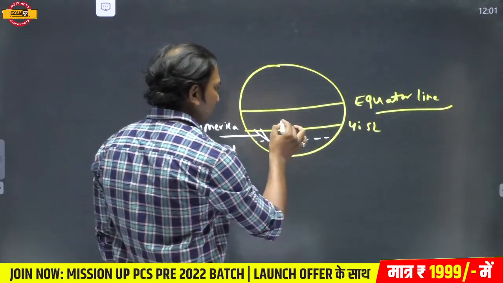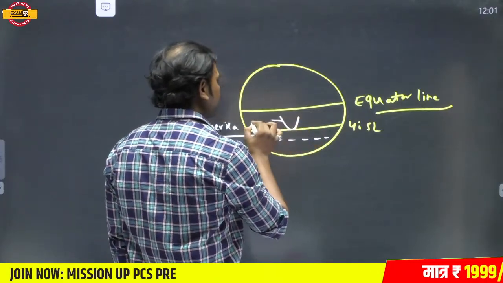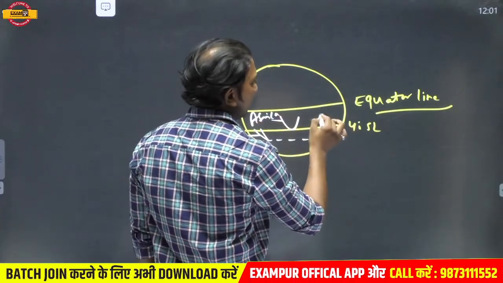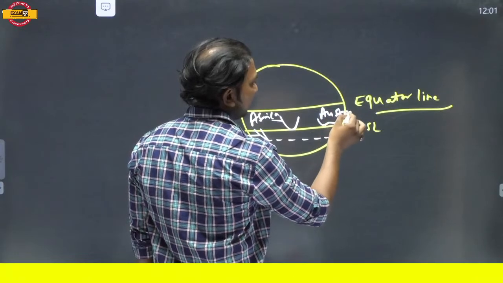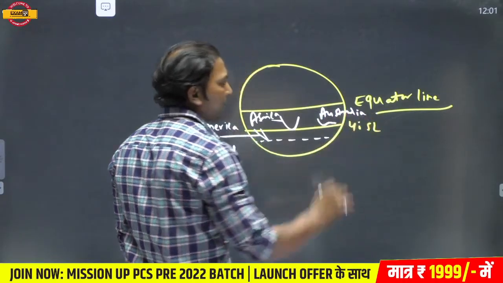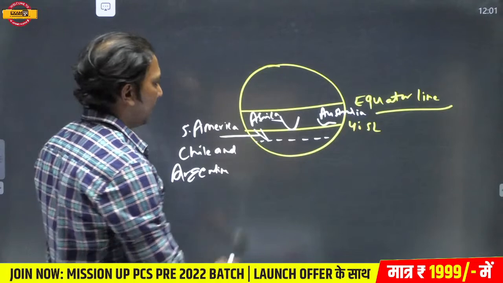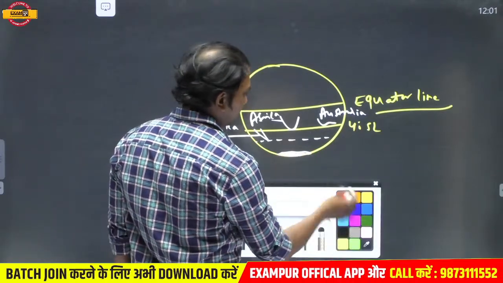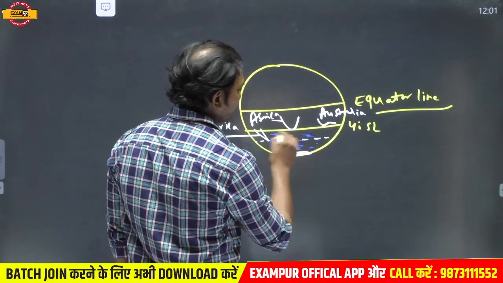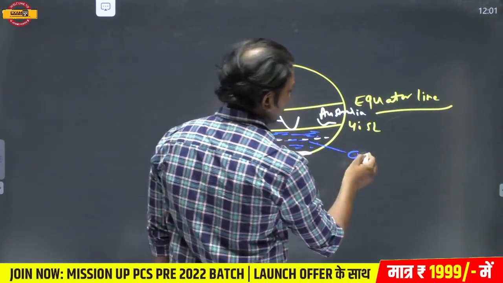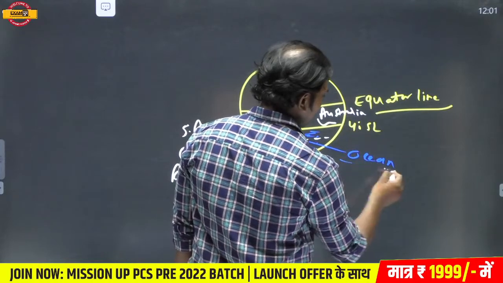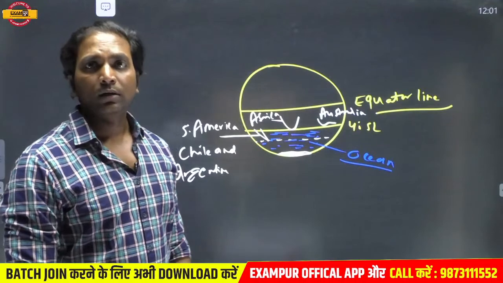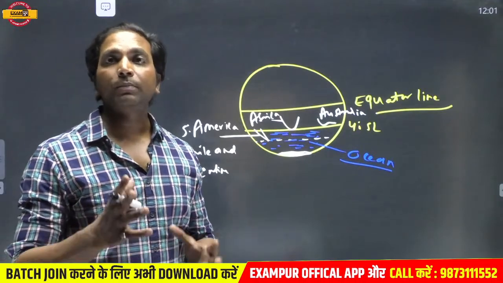So you can see there is the end of the African land area, also the end of the Australian land area above the 40 degrees south latitude, and here it is the Antarctica. So there are only oceanic bodies here, only oceans. Due to less friction with the land surface, the speed acquires the maximum.